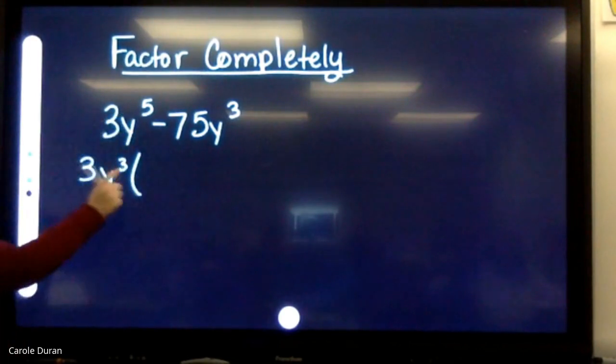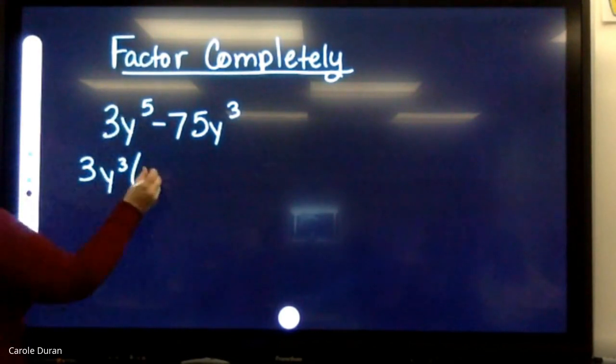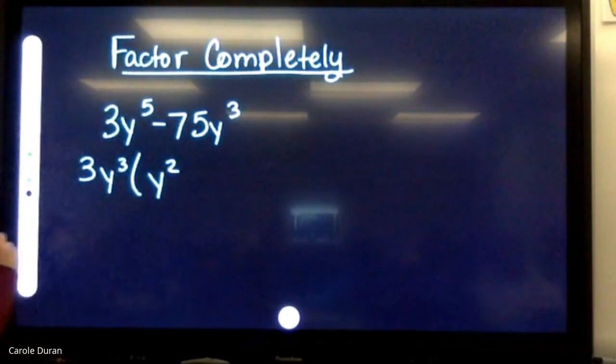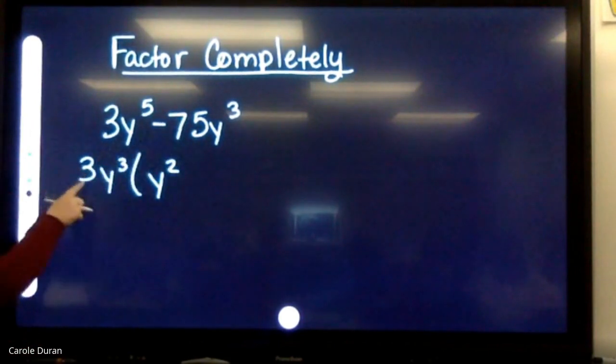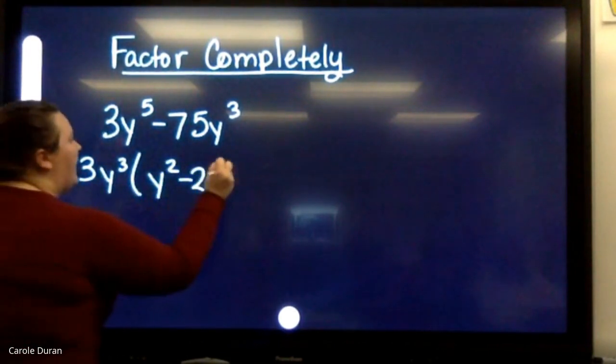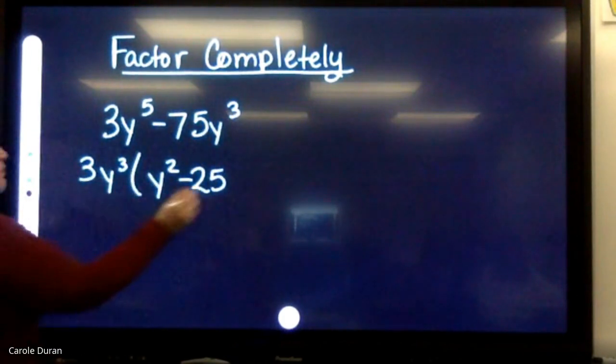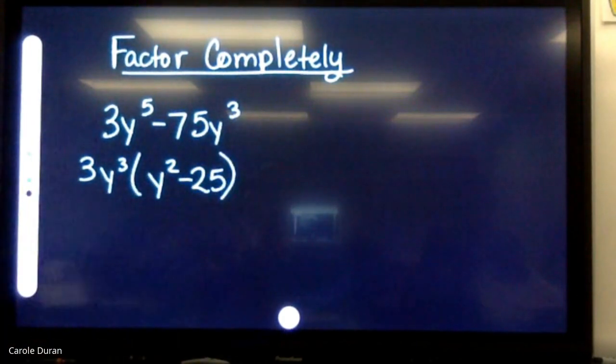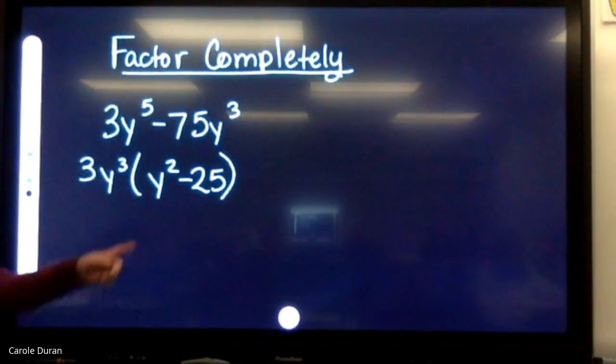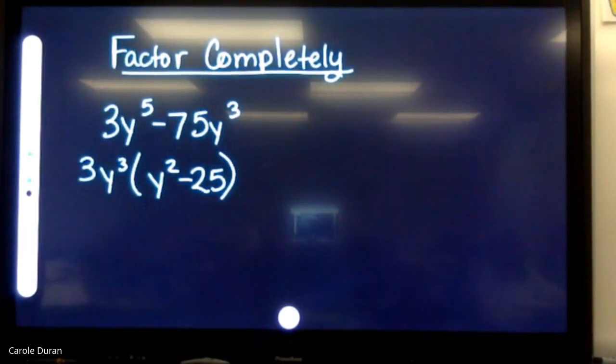3 divided by 3 is 1. Y to the 5th divided by y cubed is y squared. Negative 75 divided by 3 is negative 25. Y cubed divided by y cubed is just 1. Y squared minus 25 is not factored completely yet because it still has an exponent larger than 1.